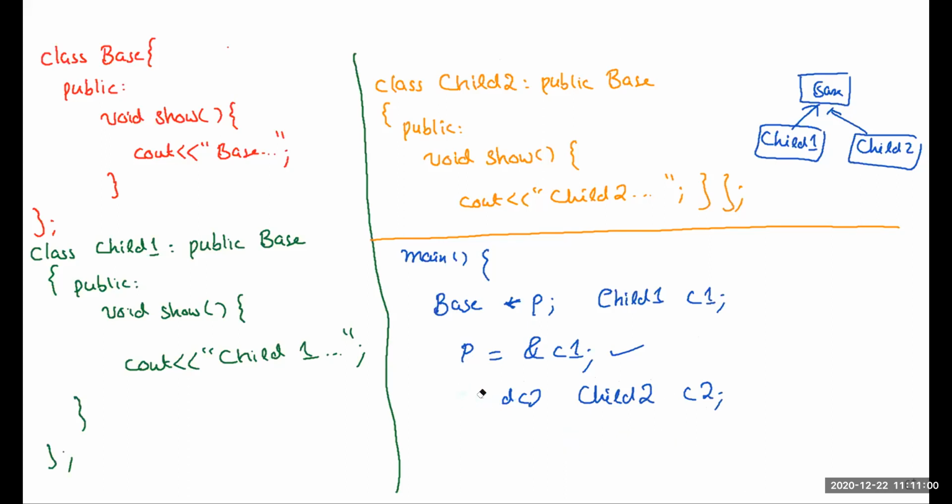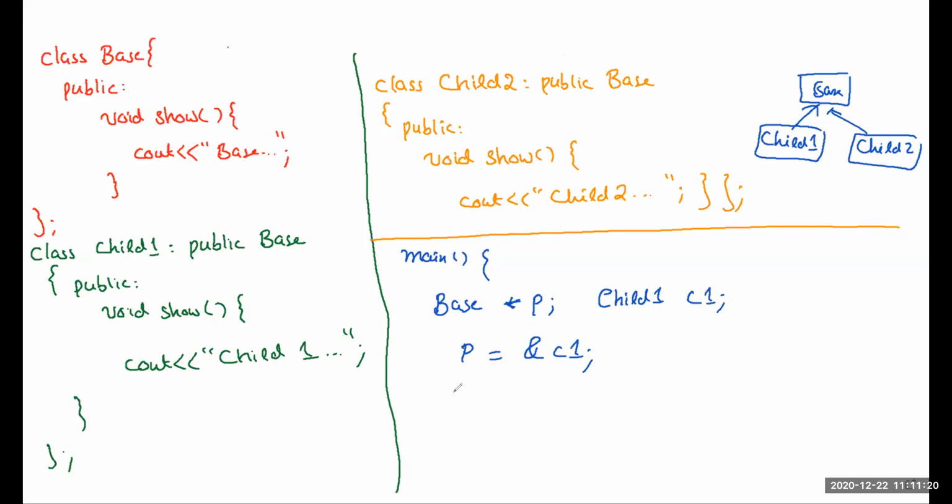So in other words, you can copy the address of a child class object in a pointer to the parent class. This statement is the summary of this whole discussion, right? That if you have a pointer to the base class, it is perfectly legal to copy the address of a child class, right?